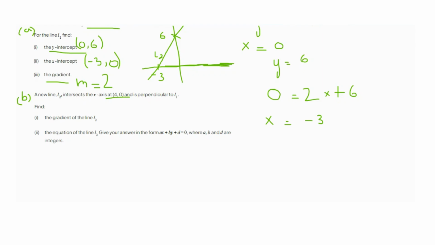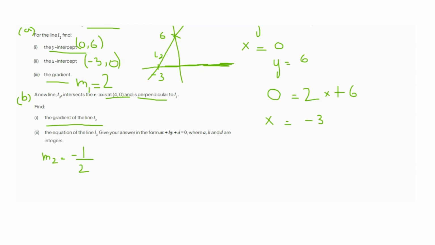A point is also given, the new intersection point, 4, 0. Now we need to find the gradient. Whenever the line is perpendicular, the gradient is going to be the opposite and inverse of the first gradient. So it's going to be negative 1 out of 2, because the line is perpendicular.